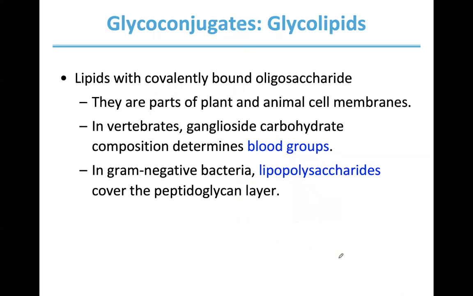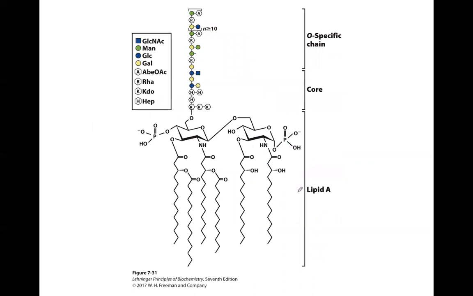And glycolipids. So obviously, you can also form conjugates where you have carbohydrates attached to lipids, and this is, for example, a structure of a lipopolysaccharide.